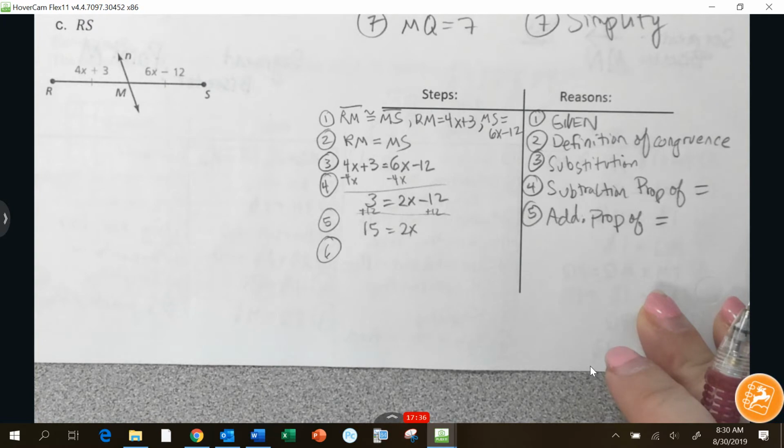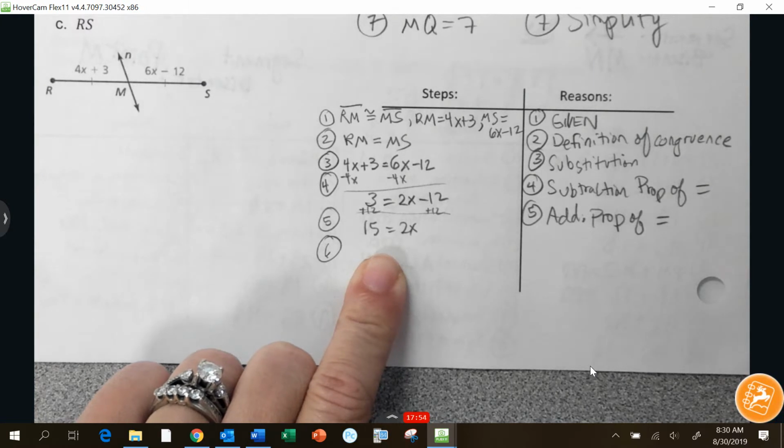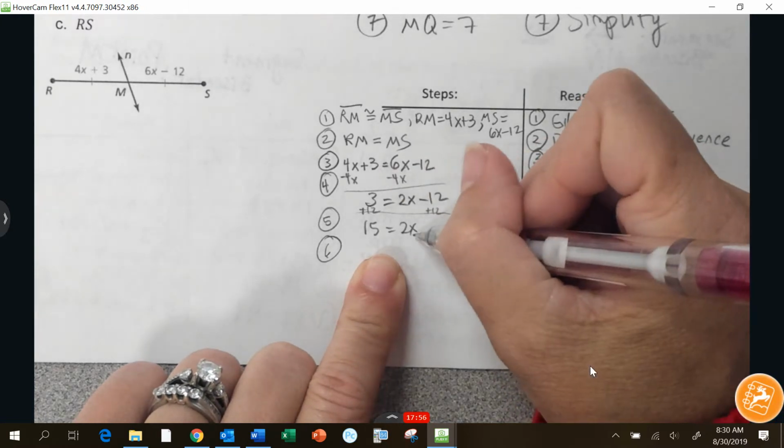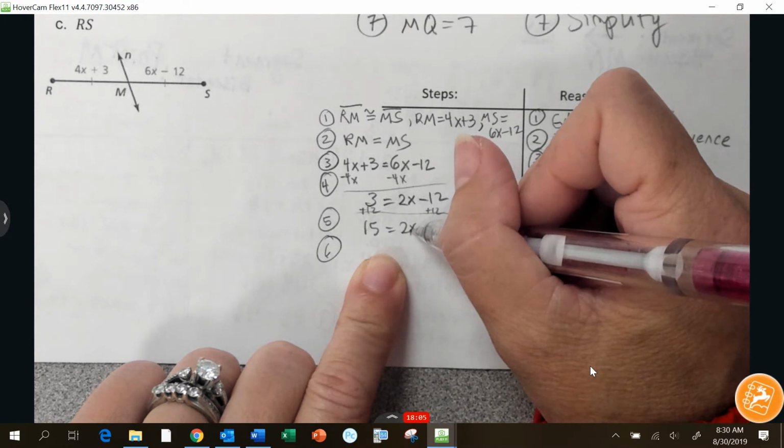Donovan, do you know what I do next? Like to get x by itself here? Well, 15 doesn't have x with it. So right now 2 is next to the x. That is what operation? Add, subtract, multiply, divide. What is it if it's 2x? Is there a subtraction sign?